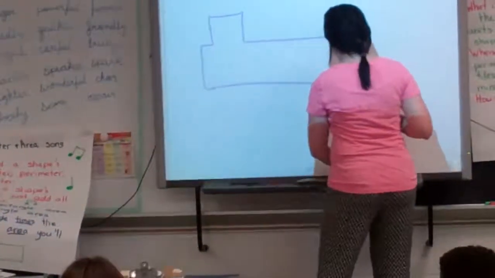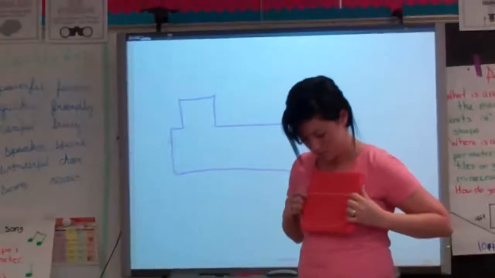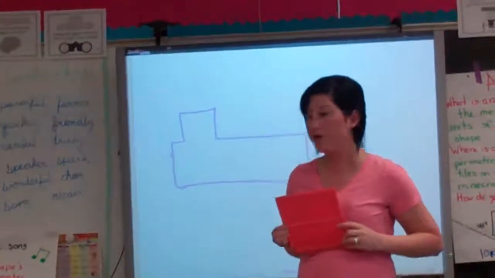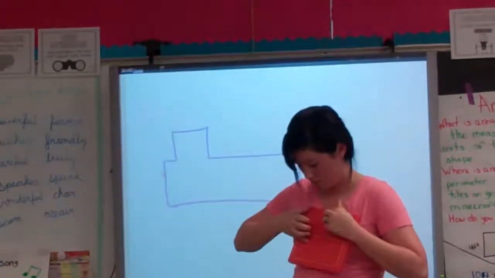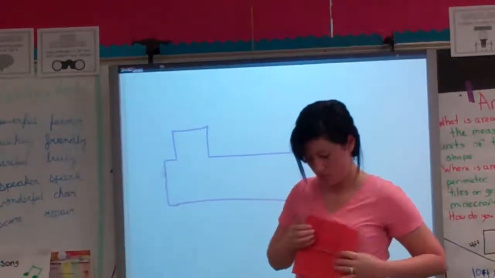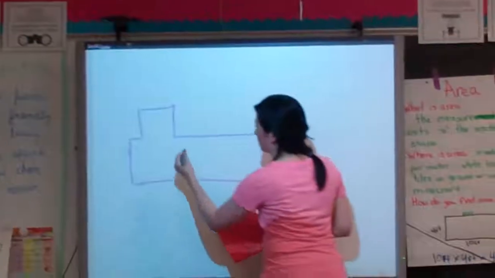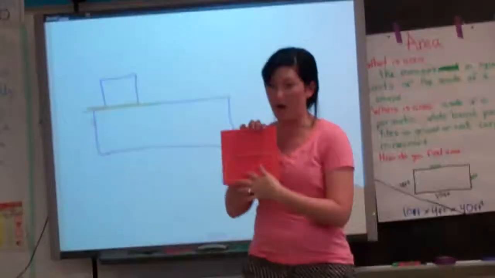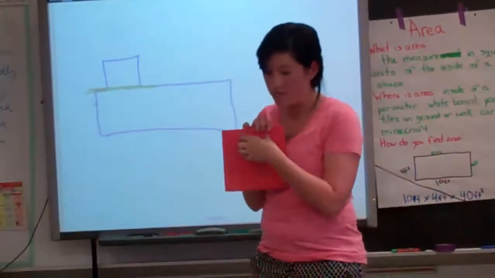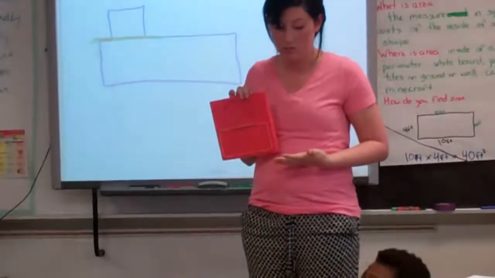Think about it if you were making that on the geoboard. I have that one rectangle on the bottom, and then I have another one on top. I have that one on the bottom, and then I have that other one on top. I just want to do one at a time though.